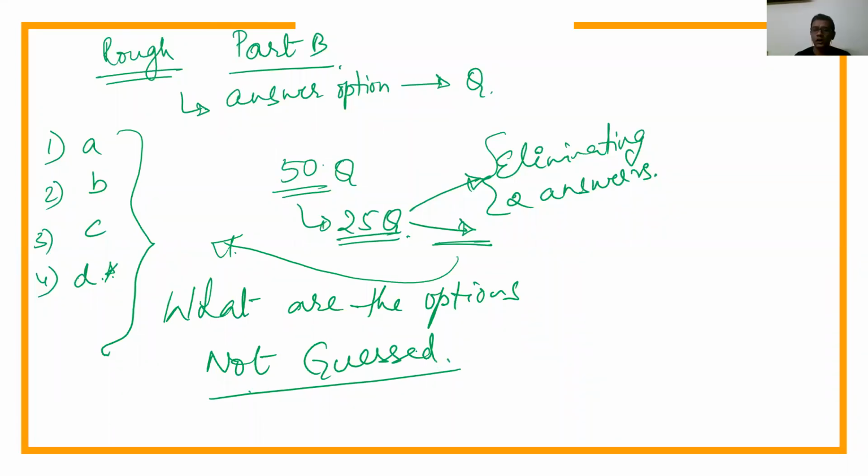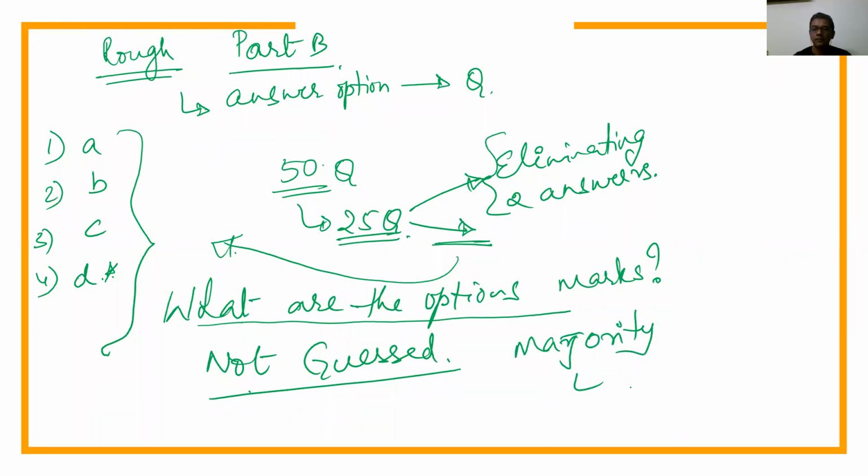If the majority of my options marked is B, then every question that I have to guess, I will mark B. If the majority of my answer options were C, then every question that I have to guess, I will mark C.